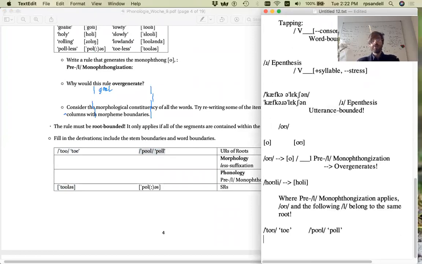In the morphology, the suffix -less is added. Let's just put that with a schwa in, since it will ultimately be pronounced with a schwa, toeless and poleless.